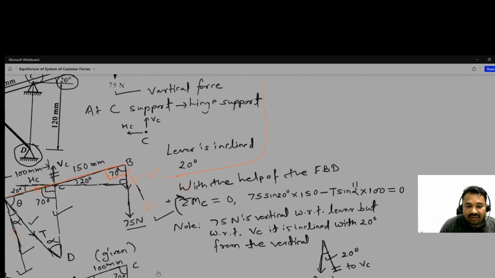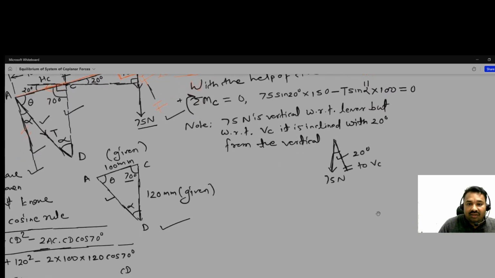It is 47.31 degree. So from this equation, if we solve that, what do we get? We get T is equal to 119.3 Newton.